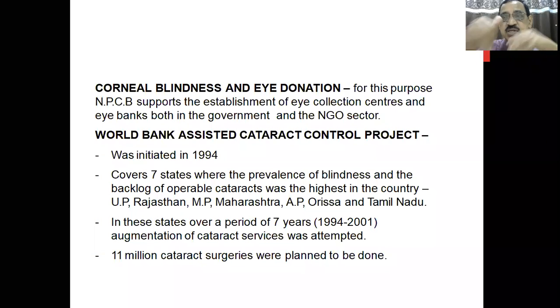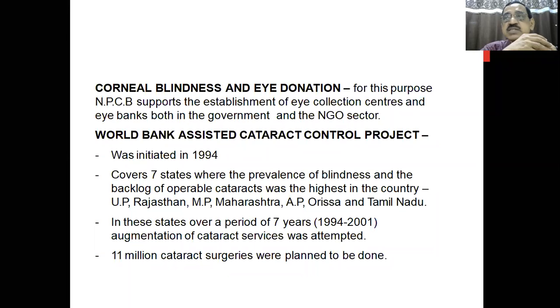In order of descending prevalence, first and foremost is Uttar Pradesh, next Rajasthan, Madhya Pradesh, Maharashtra, AP also used to contribute a good chunk of the cataract blindness, Orissa and Tamil Nadu finally.